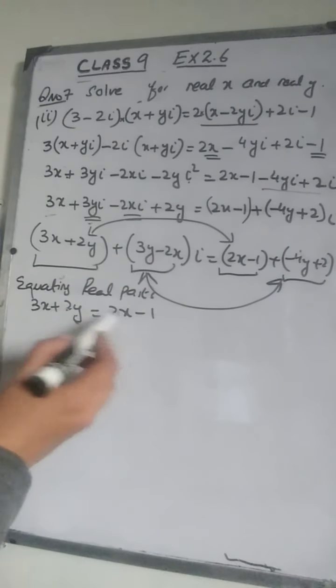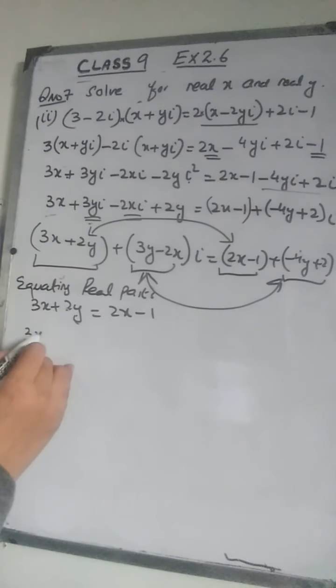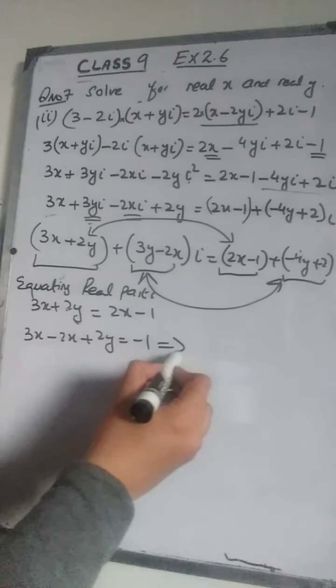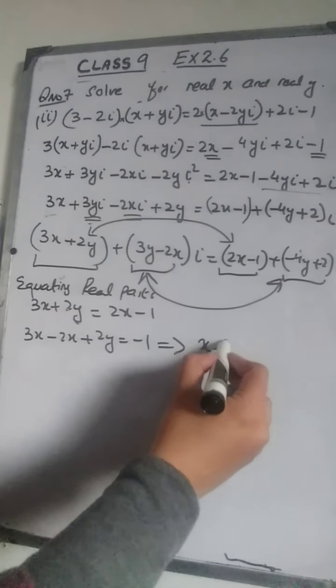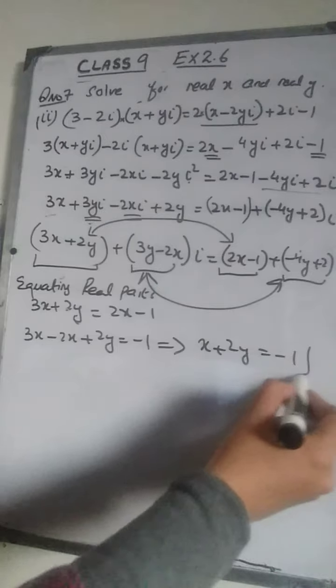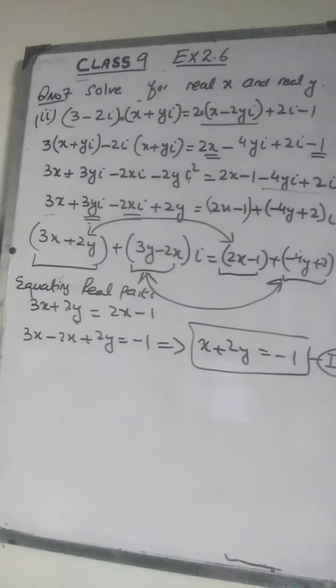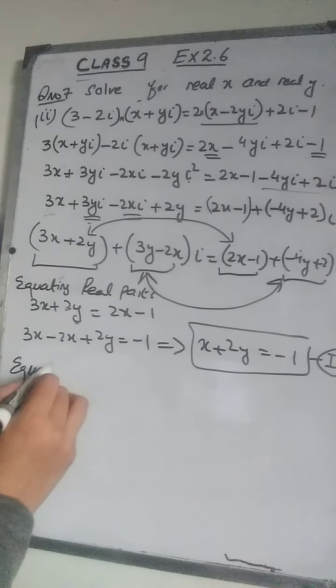Simplifying it, shifting 2x to the right hand side, 3x minus 2x plus 2y is equal to negative 1, which will give us x plus 2y is equal to negative 1. This will be the first equation. We wanted to find the values of x and y. For that we required two equations. So the first one is obtained. Now equating the imaginary parts.